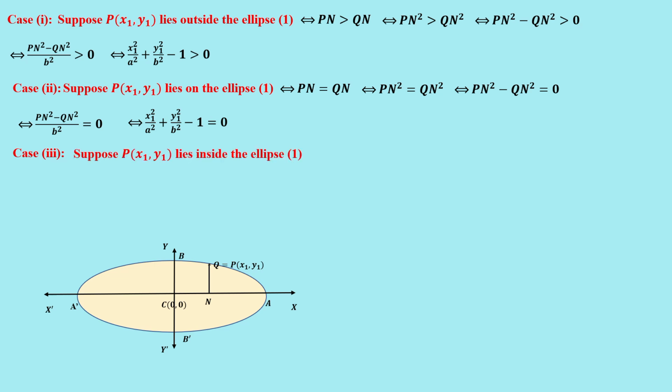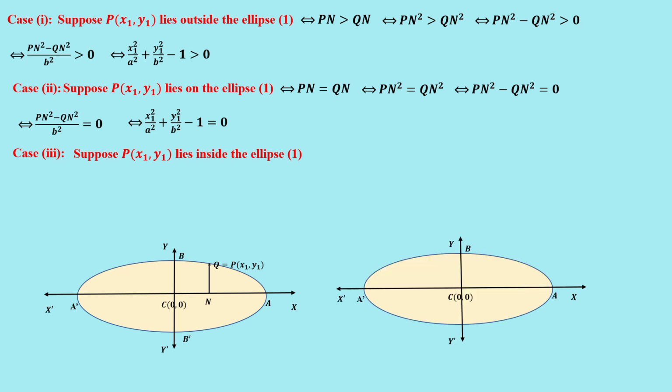Third case, suppose the point lies inside the ellipse. So what about the distance? Q is on the ellipse, P is inside the ellipse. So Qn is greater than Pn in this case, right? So the case will be like this. P is inside, Q is on the curve, then the distance Qn is greater than Pn, or Pn is less than Qn, Pn square less than Qn square, Pn square minus Qn square less than 0, Pn square minus Qn square by b square less than 0.